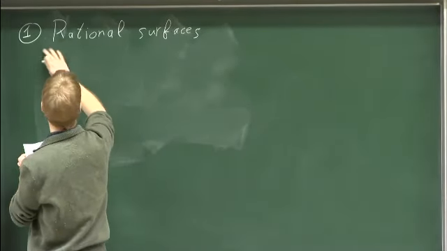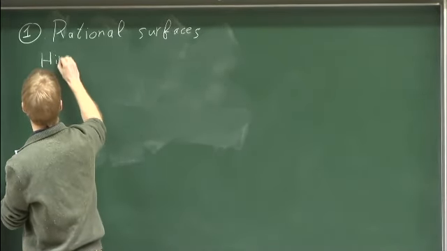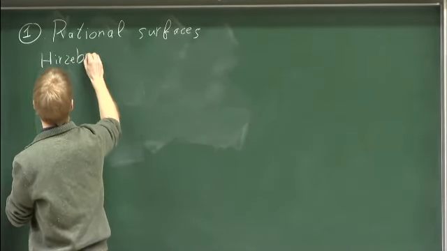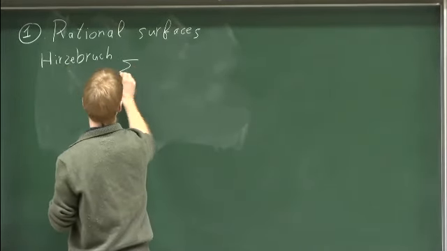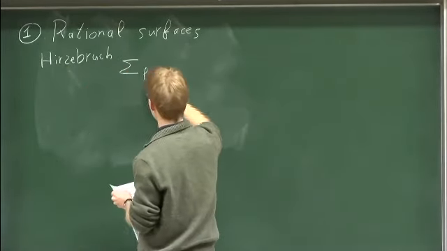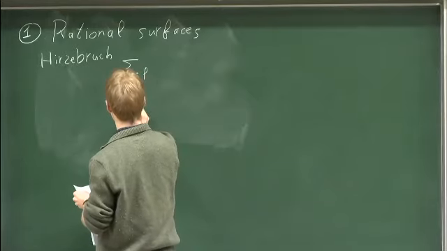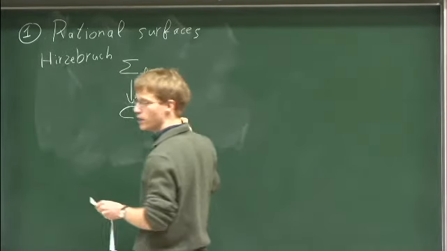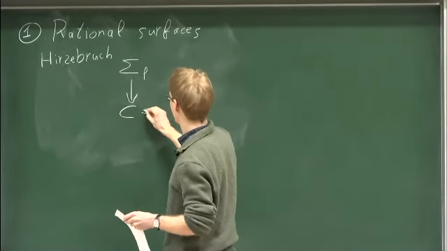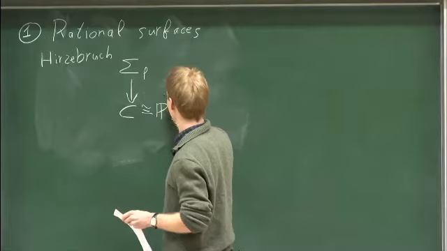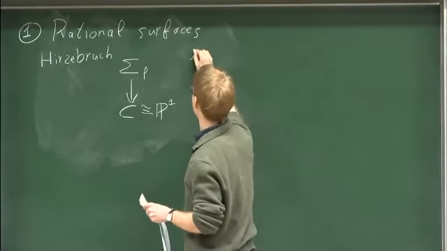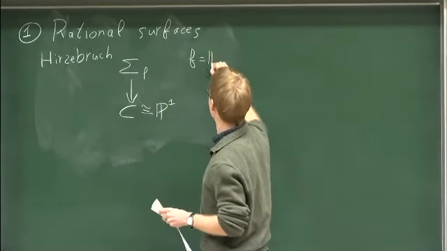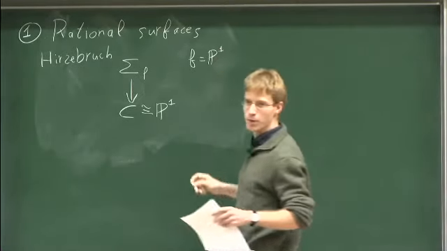I'll start with the so-called Hirzebruch surfaces, which are a fibration indexed by this integer L over a base curve C, which is isomorphic to P1. And the fiber of the fibration is also isomorphic to P1.